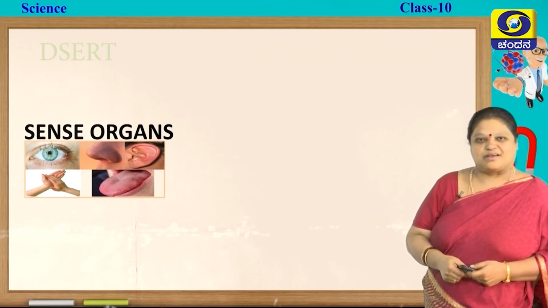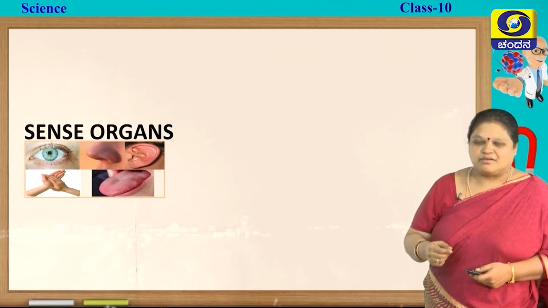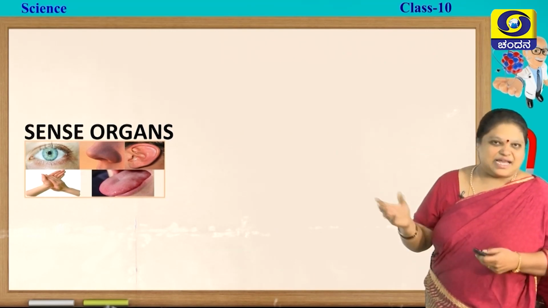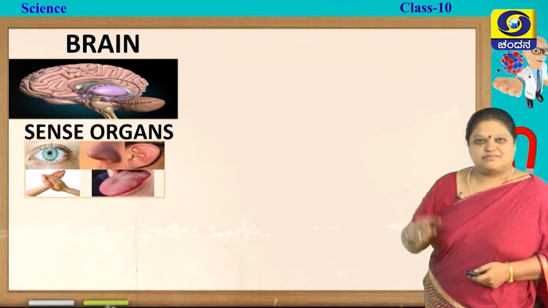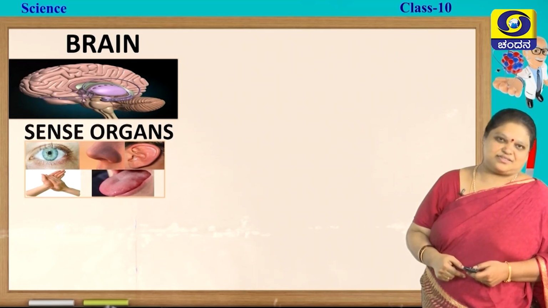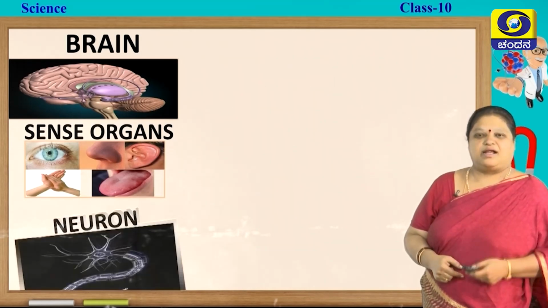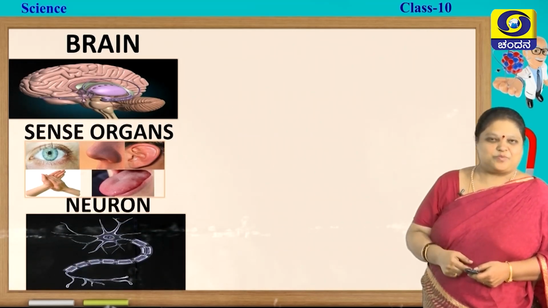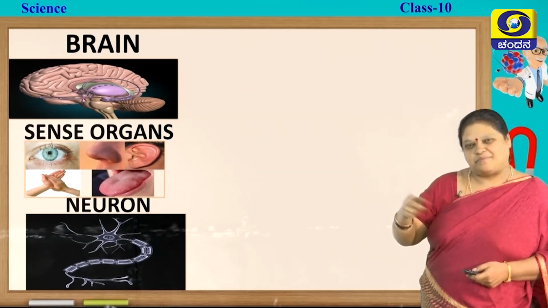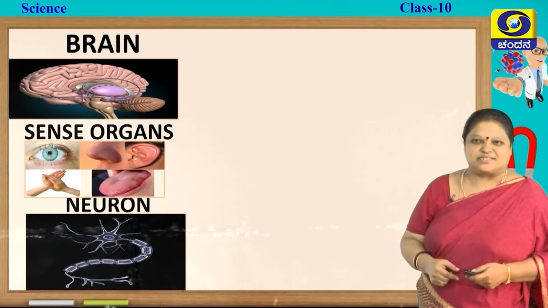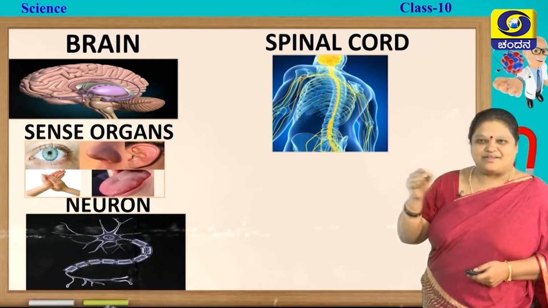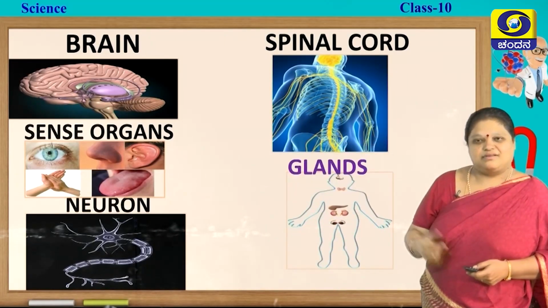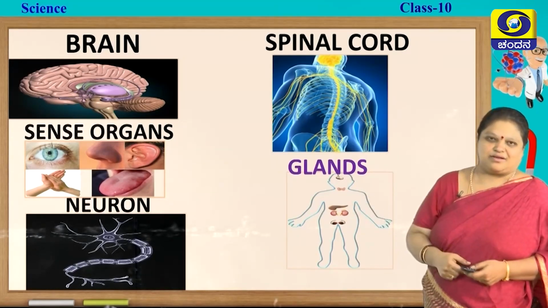All the 5 sense organs, you see something or you hear something, so you react to that. Next one is your brain, it processes it, and the neurons are responsible to convey the message through impulses. You also see the spinal cord, that also will send the impulses, and the different types of endocrine glands.